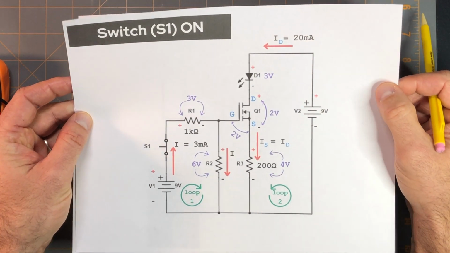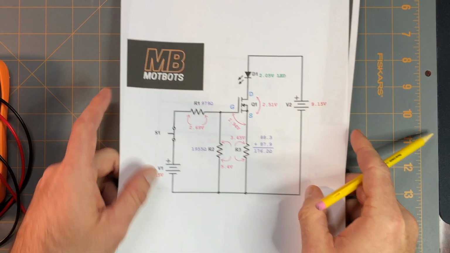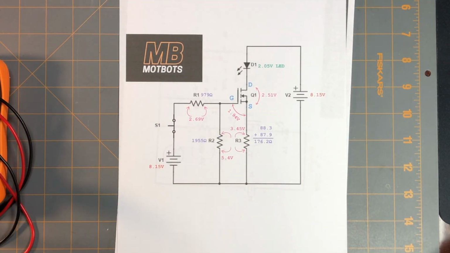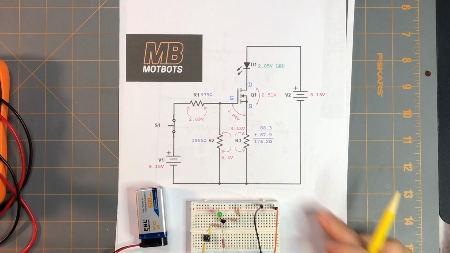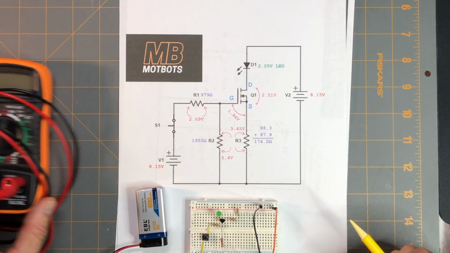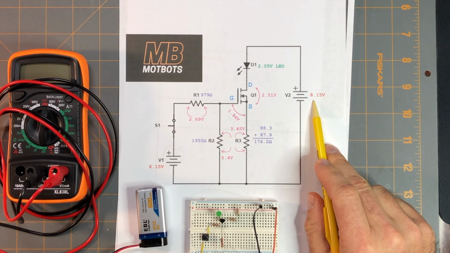This is based on ideal conditions, and I thought it'd be neat to go over the real world conditions of our real world circuit that we have here. So I took my multimeter and, before hooking the battery up to the breadboard, I measured the voltage across the battery terminals, and that gave me a source voltage of 8.15 volts.